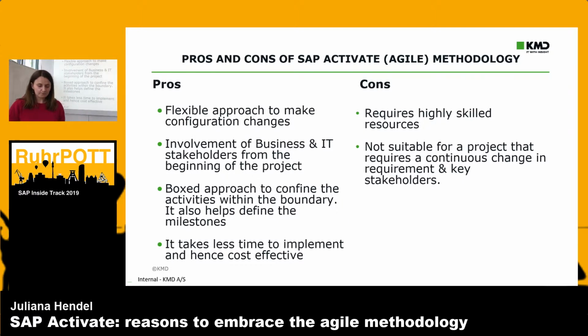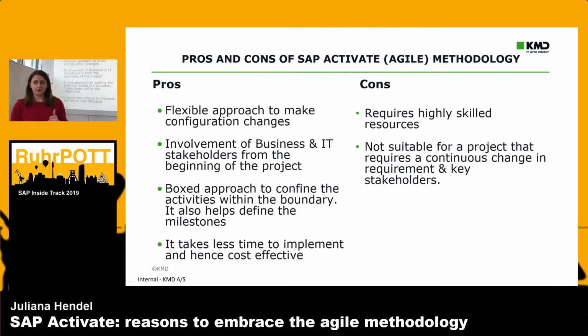We have a boxed approach to confine the activities within a boundary. It also helps define milestones, and that is a feature that we have seen in waterfall. And finally, it takes much less time to implement, so it saves us a lot of cost, right?